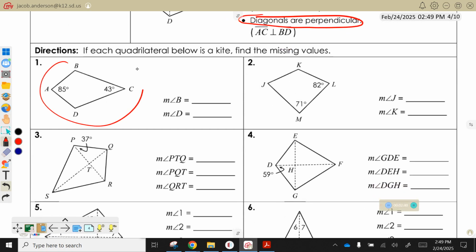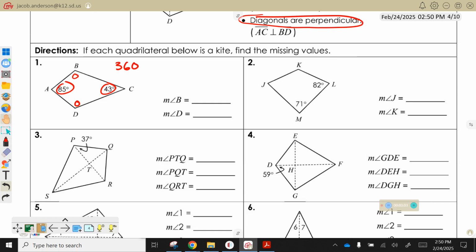For the first one, it's not giving us either B or D. We're asked to find them ourselves, but I do know that a 4-sided shape has 360 degrees inside of it. So if I subtracted off this one and divided by 2, you could get those. I'm not going to go through that, but I will give you 30 seconds or less here to figure out what those 2 angles are.